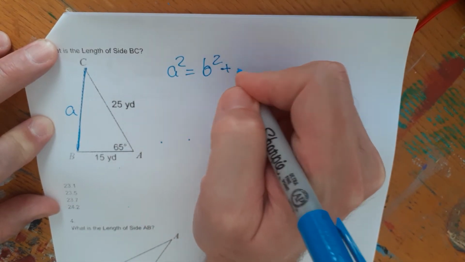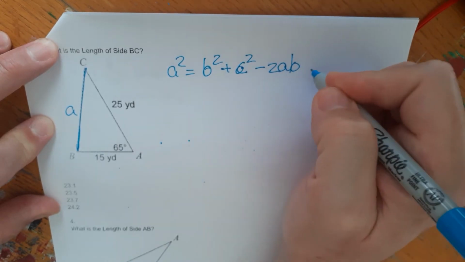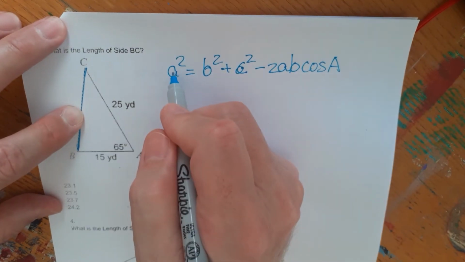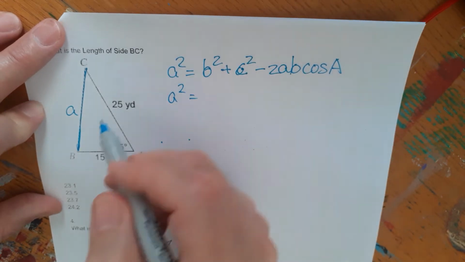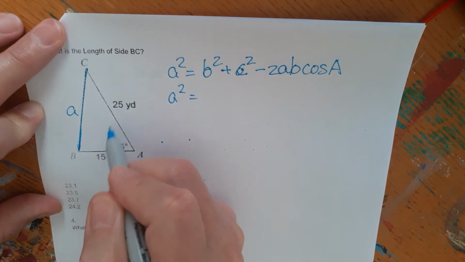A squared equals B squared plus C squared minus 2AB cosine of the angle alpha, which is the angle opposite the side A. We're going to say again A squared here, and we're going to label these two sides on the adjoining side to the angle in question, 15 and 25.